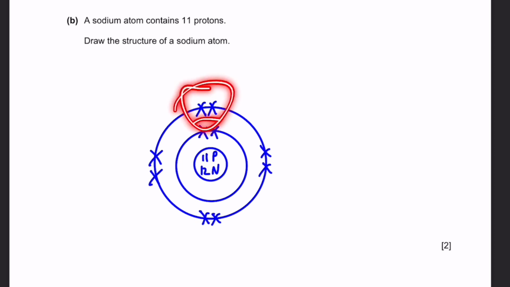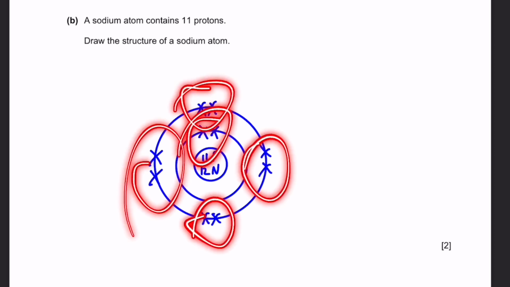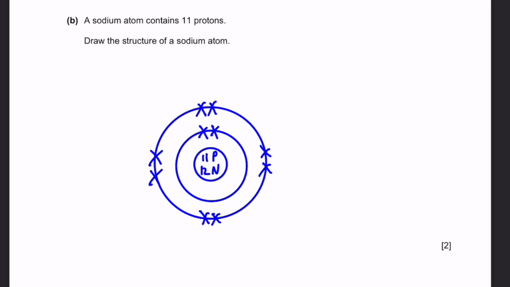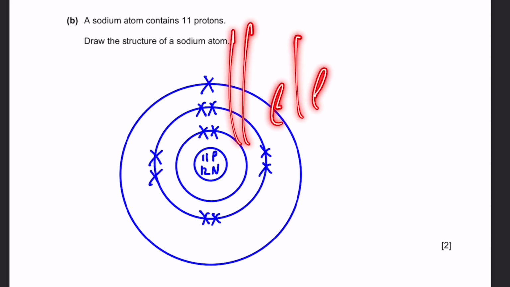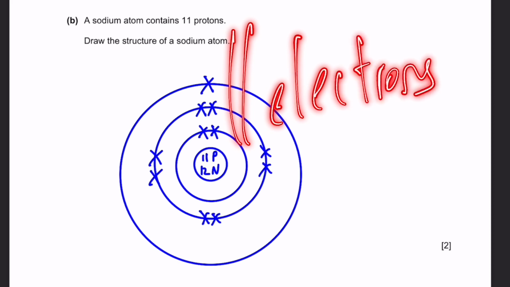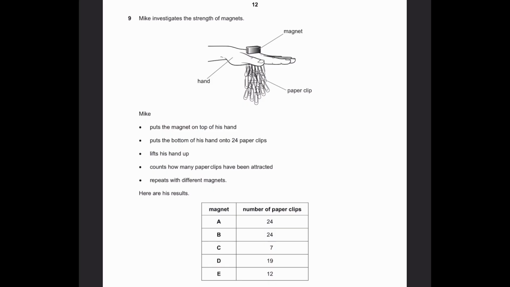As you can see, I'm drawing these electrons in pairs. Now we've drawn 2, 4, 6, 8, 10 electrons. We need one more because we need 11. So we have one more shell where we only draw one lone electron to get 11 electrons. That's the answer.